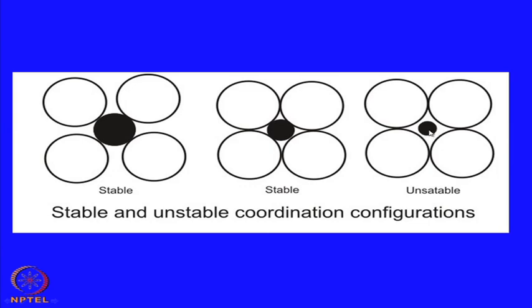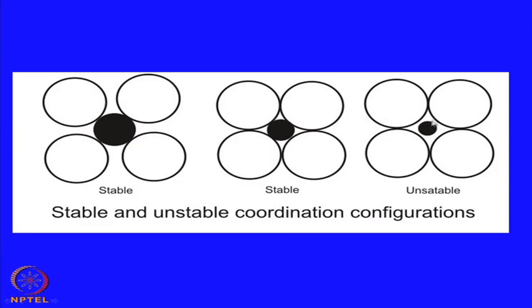Now, what kind of size can you have? This size may not exactly fit the size of the interstitial hole. It may be a little smaller or a little larger. In this case, the cation is slightly smaller. Before they can touch in this direction, these circles are touching along this line.